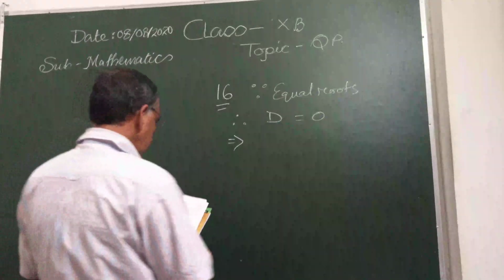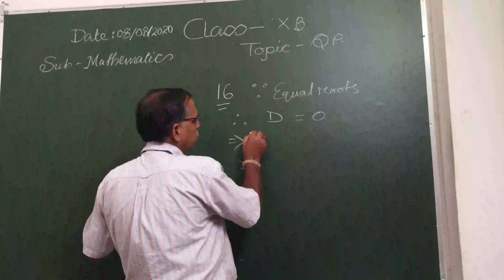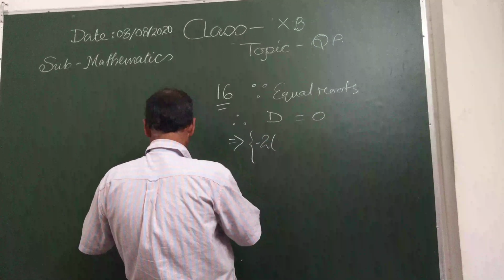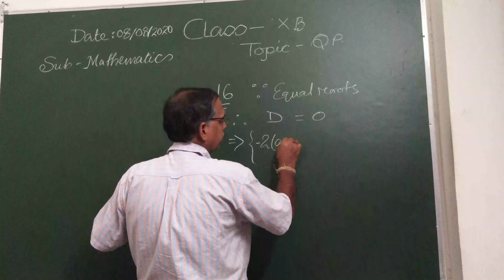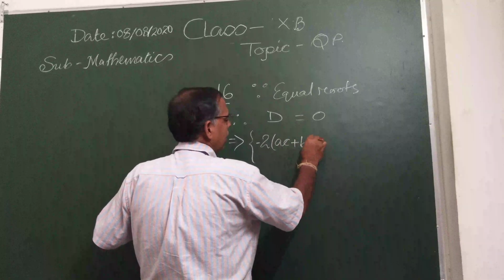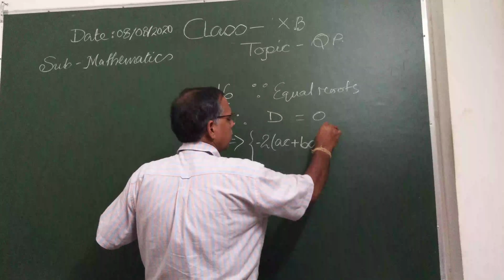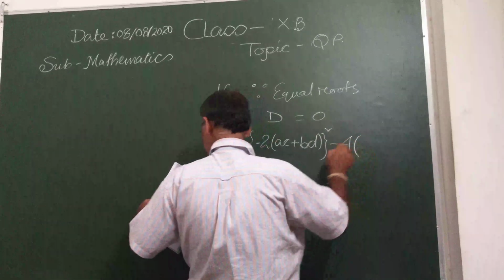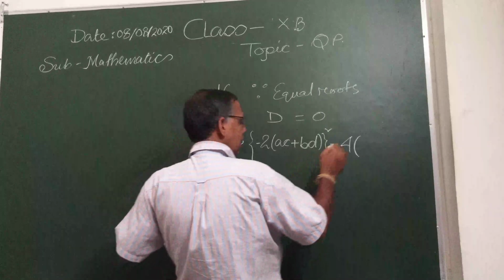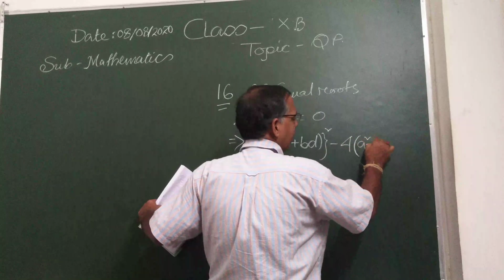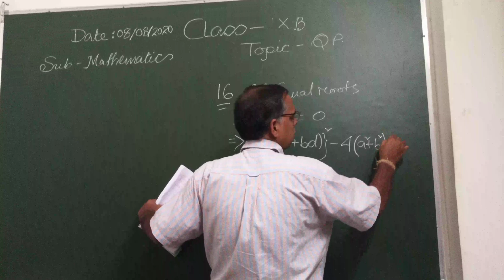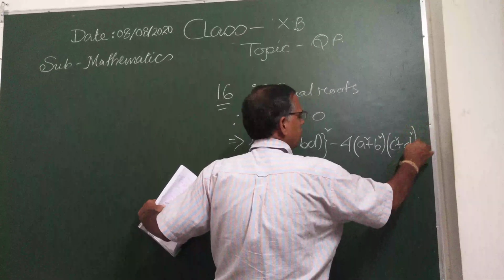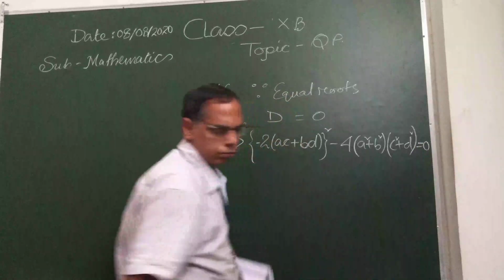So, see here, minus 2 (AC plus BD) whole square minus 4 (A square plus B square) into (C square plus D square) equal to 0. Okay?